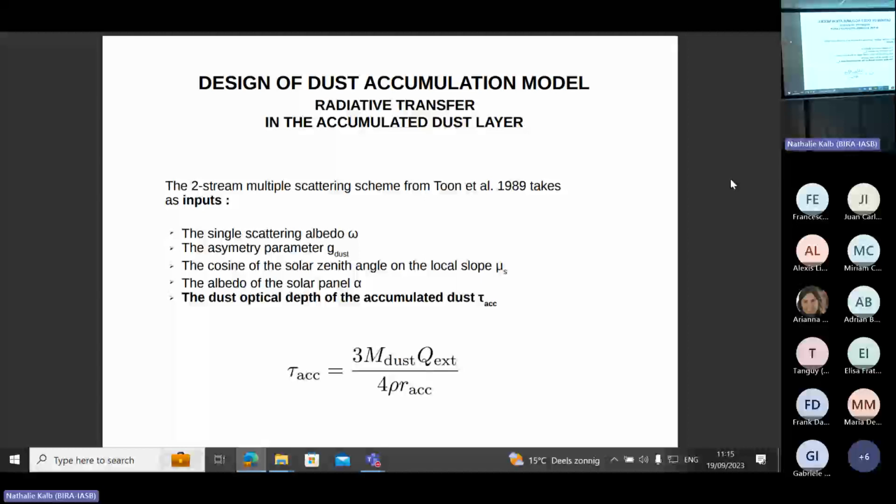And this we can compute using this equation, since we know the amount of dust in kilograms per unit of surface that has accumulated on the panel. And so, of course, this dust opacity of the accumulated dust depends on the radius of the particles that have accumulated on the panel.